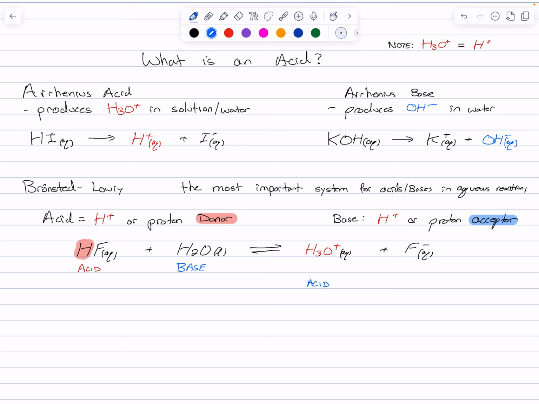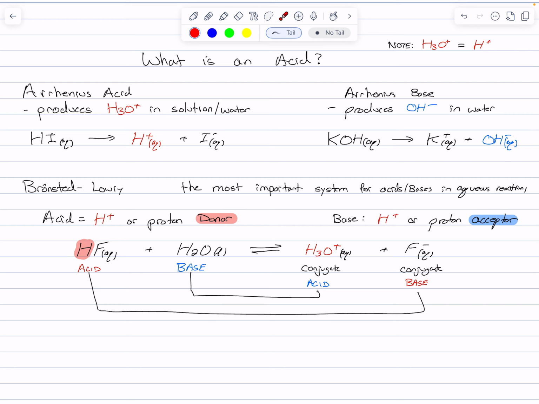Hydronium is an acid, right? And fluoride would be the base. And they're the conjugate acid and the conjugate base. What do we mean? So these are our acid-base conjugate pairs.